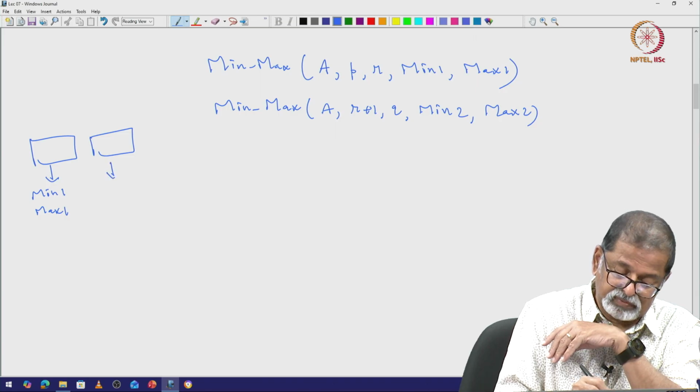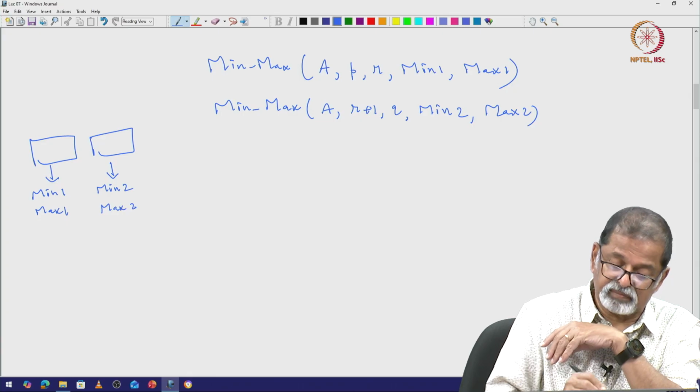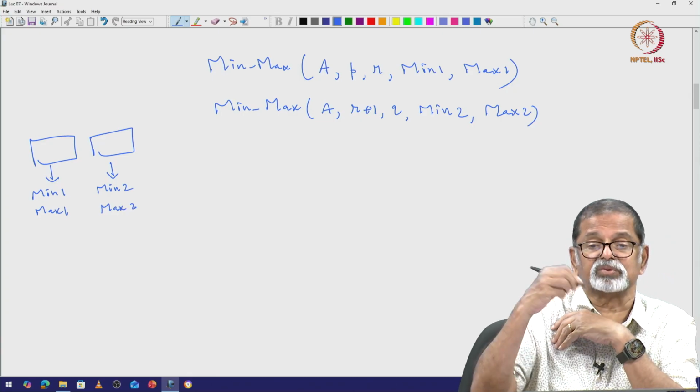In the second half you find min2 and max2. So you have found these out through recursive calls.